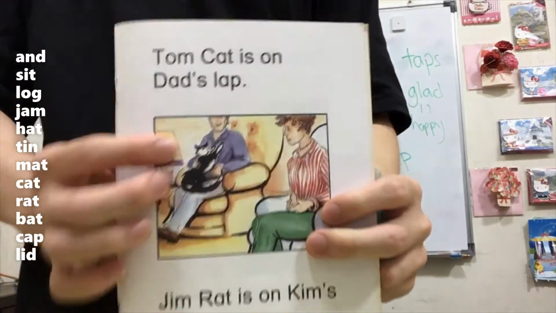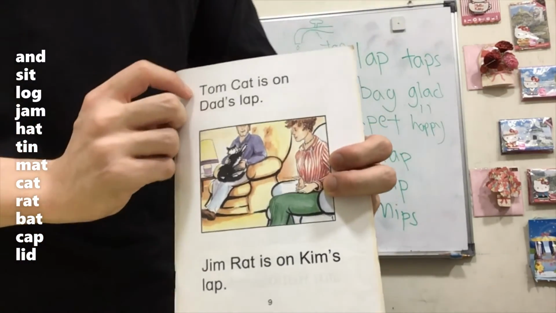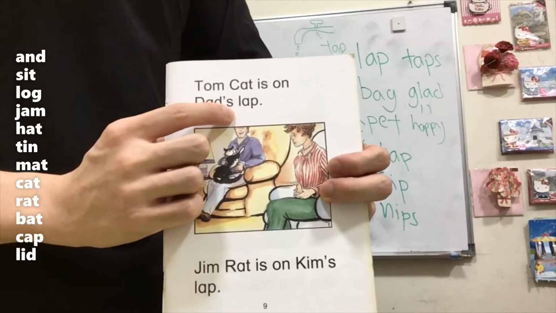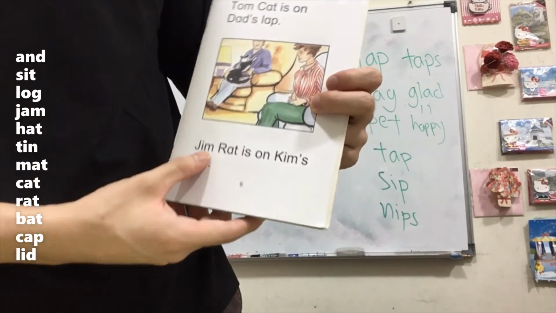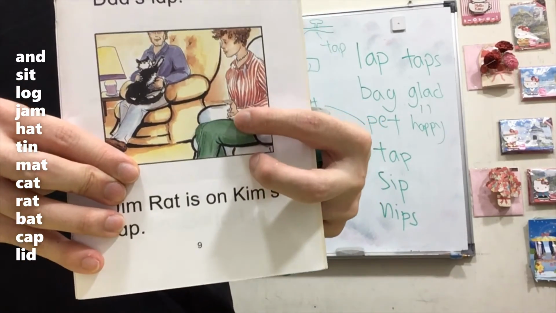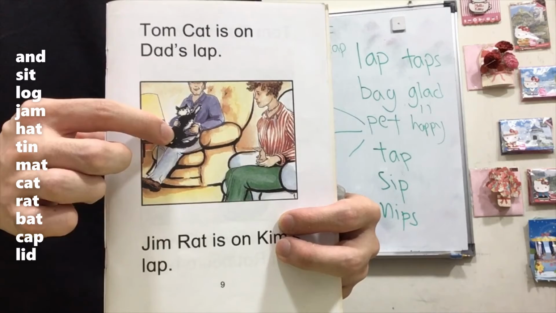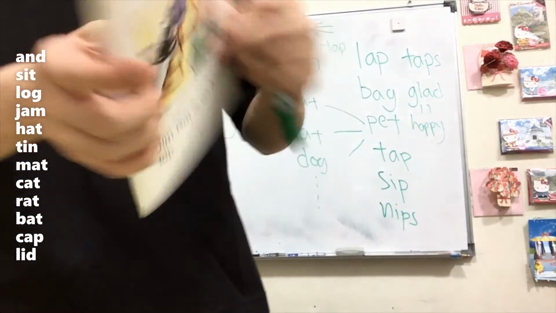As you can see here, the cat is now on Dad's lap. Jim Rat is on Kim's lap, while Tom Cat is on Dad's lap.